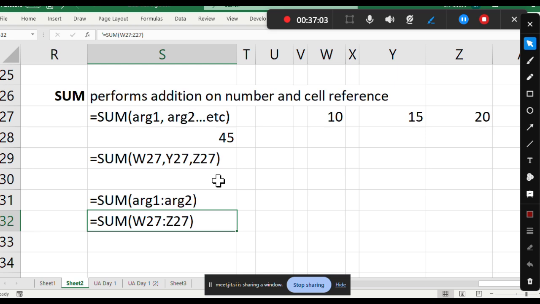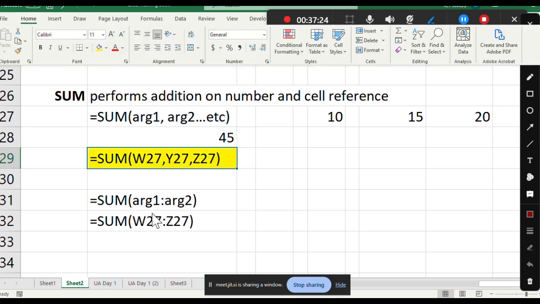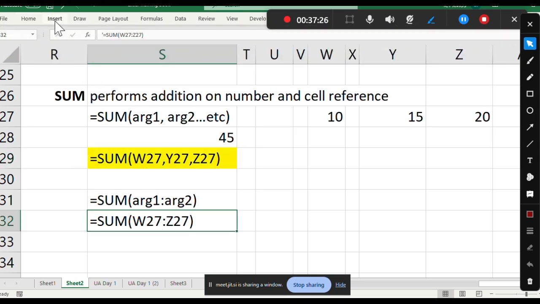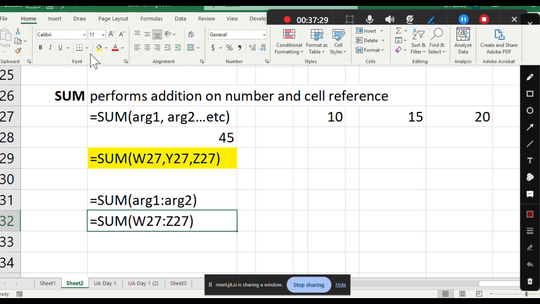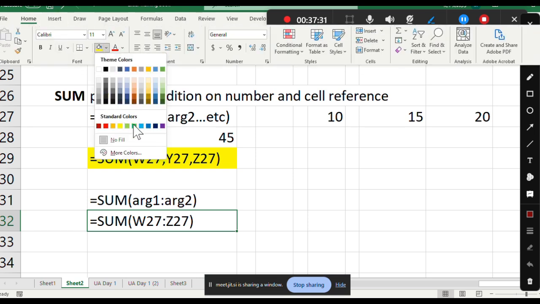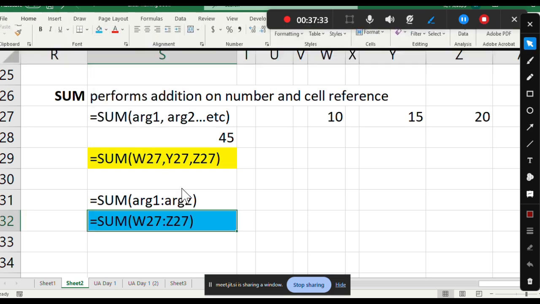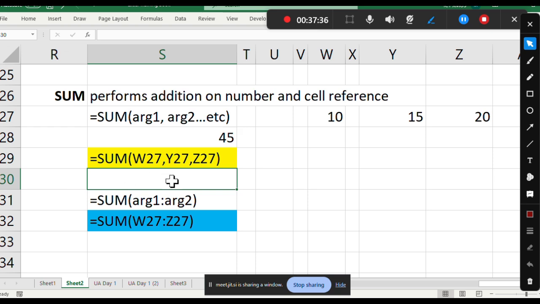This one is sum argument 1, but this one has the alphabet and number W27, Z27. Let me color it so I can see it. This one is in yellow, and this one is in blue. Can you see the difference?